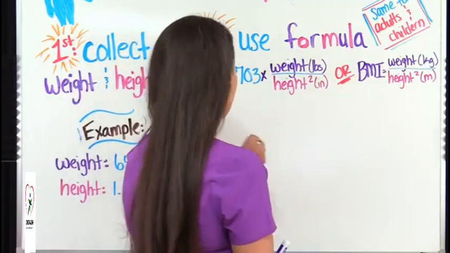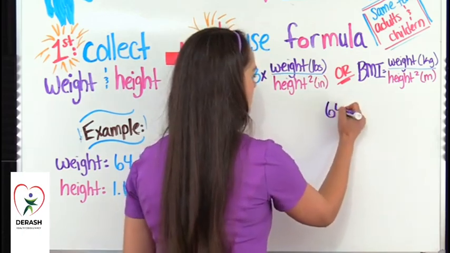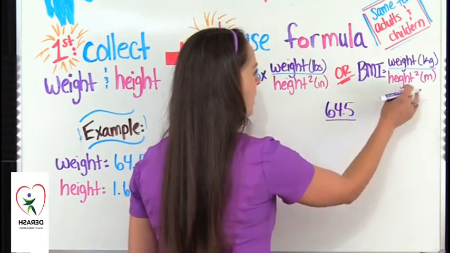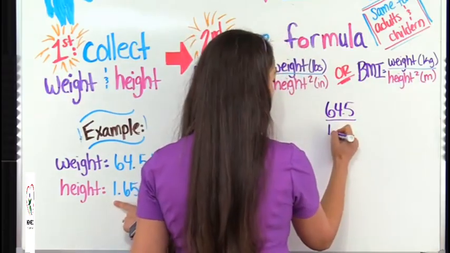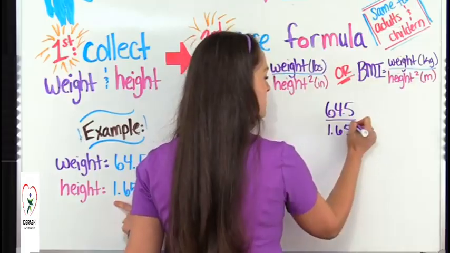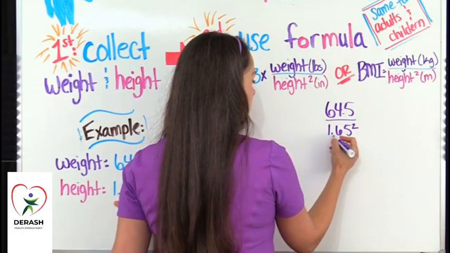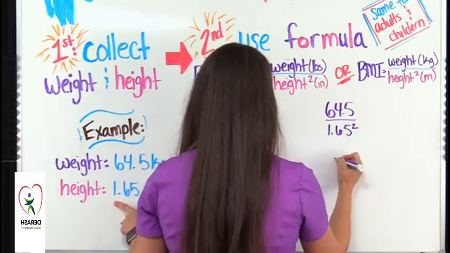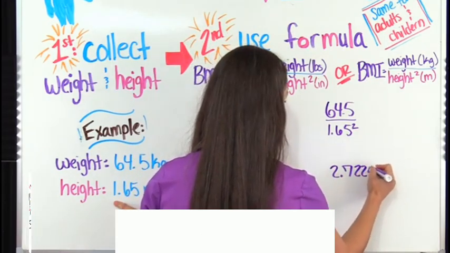So our patient's weight in kilograms is 64.5. Our height is in meters, and they had a height of 1.65 meters. And remember, don't forget to square. So let's go ahead and square that out. 1.65 squared gives us 2.7225.